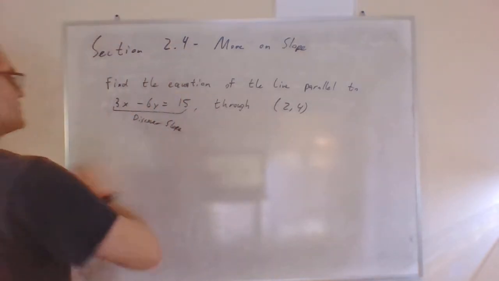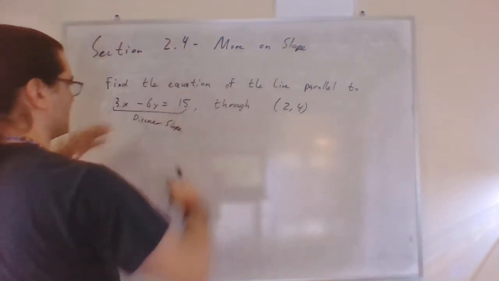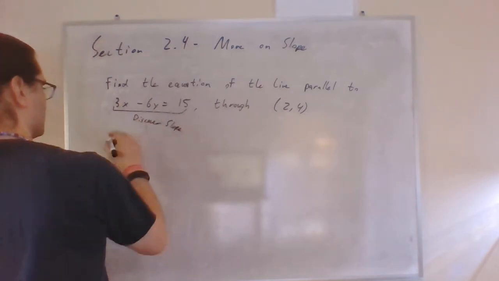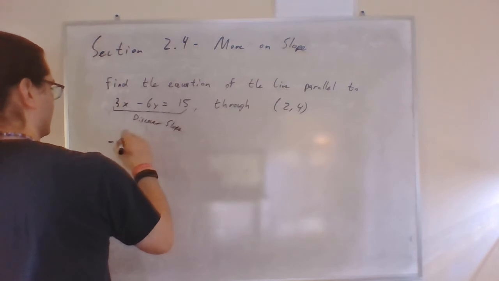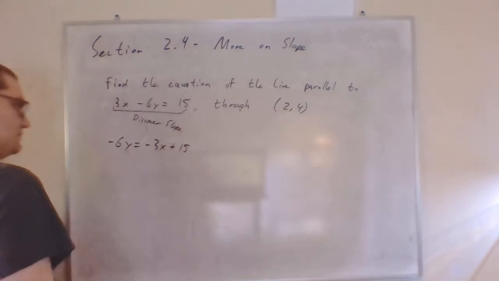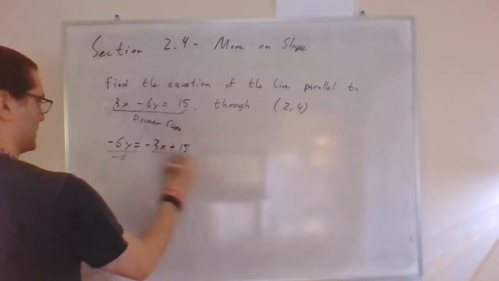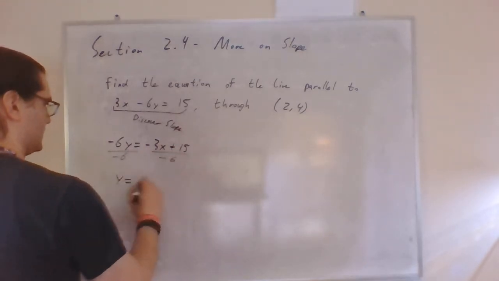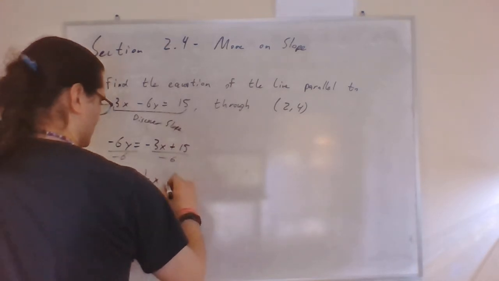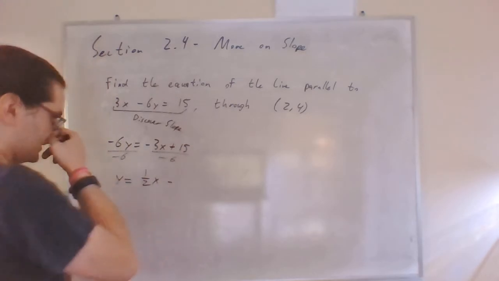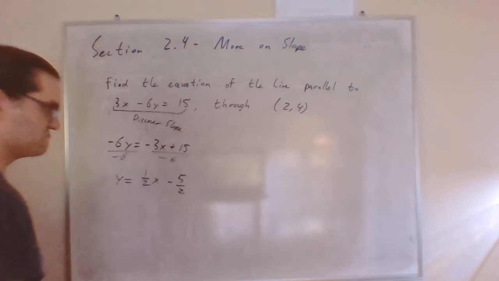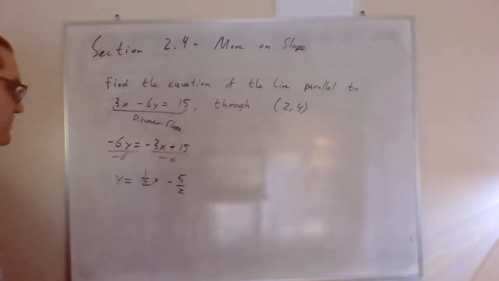So I'm going to discover the slope of this by transforming it into slope-intercept form. I'm going to subtract 3x from both sides. That will give me negative 6y equals negative 3x plus 15. And then I'm going to divide everything by negative 6. So I will get y equals negative 3 over negative 6, which is 1/2 x, and 15 over negative 6 is negative 5 halves. If you take the 3's out, that sounds right.